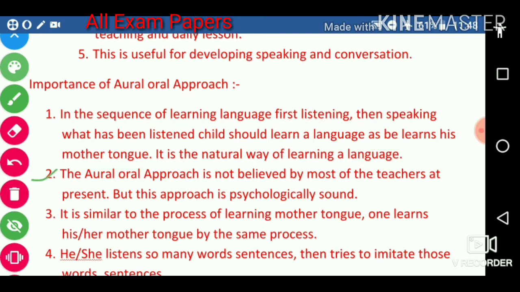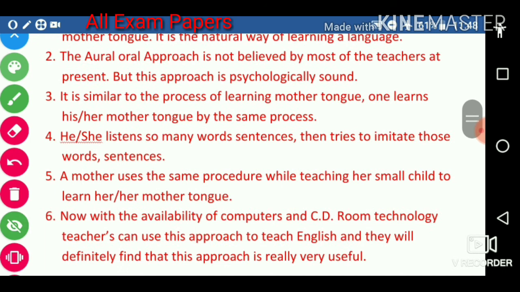Next, the oral approach is not believed by most of the teachers at present, but this approach is psychologically sound. Next, it is similar to the process of learning mother tongue.